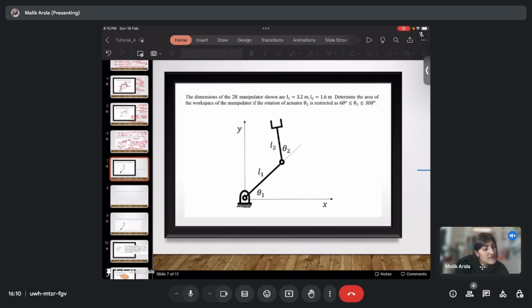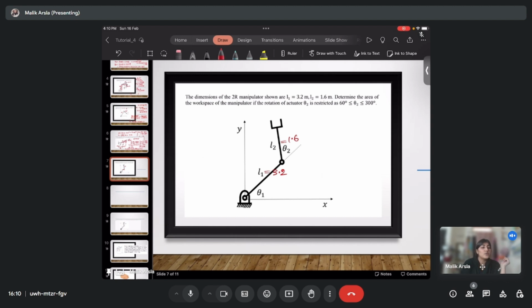The question is that the dimensions of a 2R manipulator are shown as L1 equal to 3.2. So this length is given as 3.2 meter, and L2 is given as 1.6 meter. Okay, these two lengths are given.